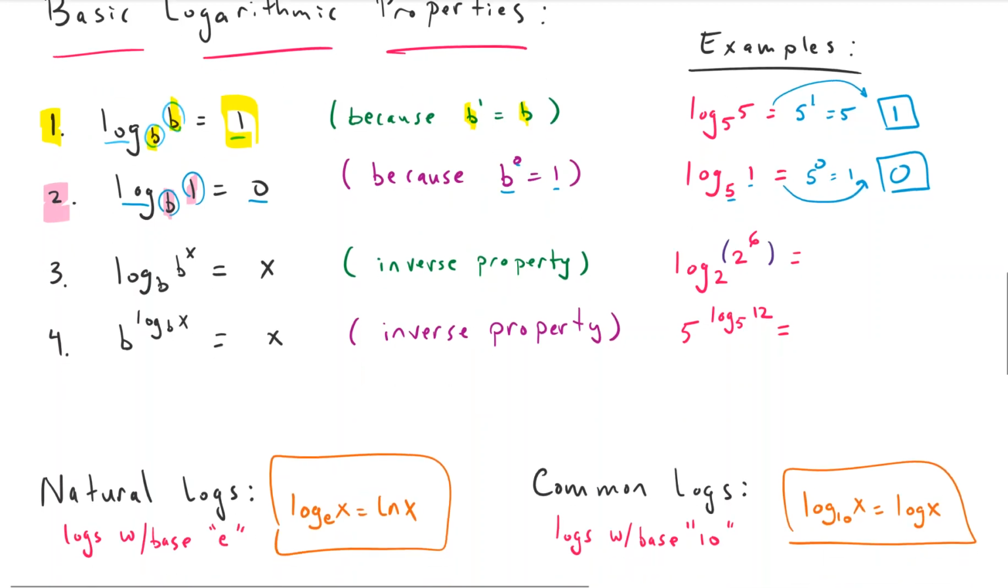Next property, property 3. Log base b of b to the x is equal to x. This is the first of 2 inverse properties. I don't know if you remember back in algebra, but there's a definition of inverse functions.